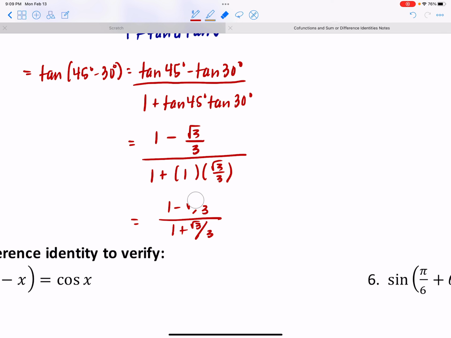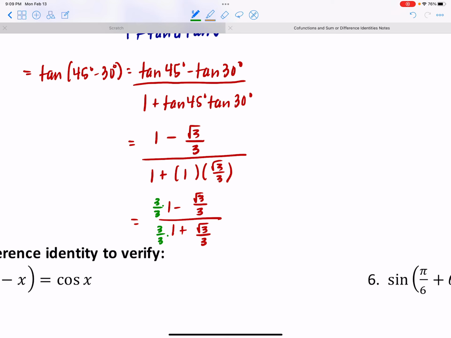And actually, let me rewrite this. Remember, to simplify the complex fraction, if we can get common denominators for everything, then we can get those denominators to go away. So what I would do is multiply by 3 over 3 here, multiply by 3 over 3 here, and now all of our fractions have denominators of 3.